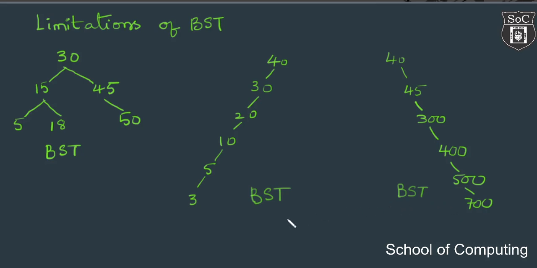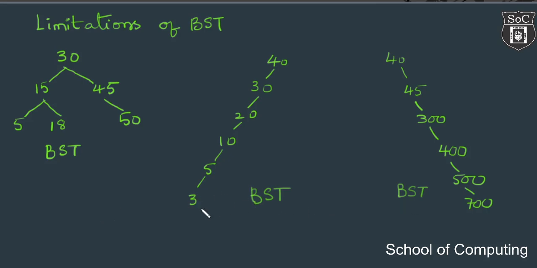If you observe the second and third trees, they are not balanced, especially with respect to height. One side is totally zero and on the other side there exists a tree or subtree. Such trees are called skewed. Skewed means it is inclined towards one side.